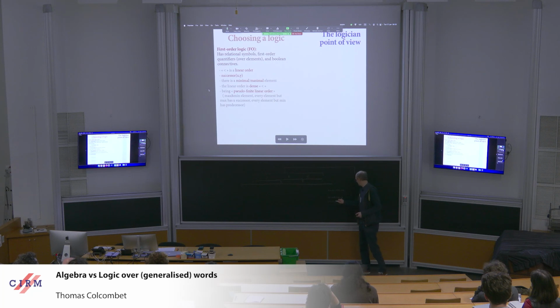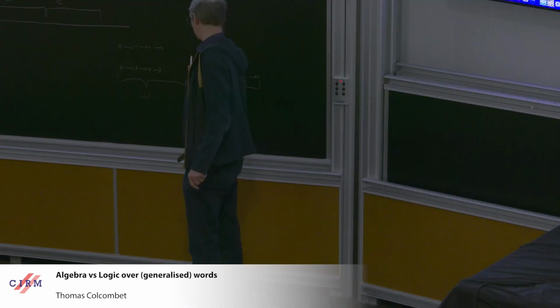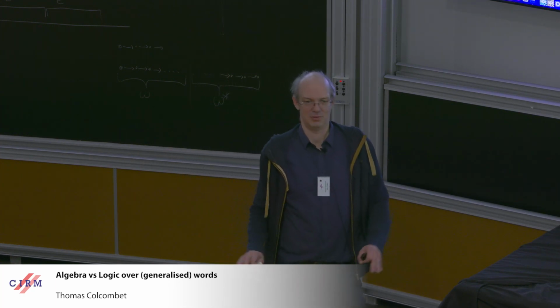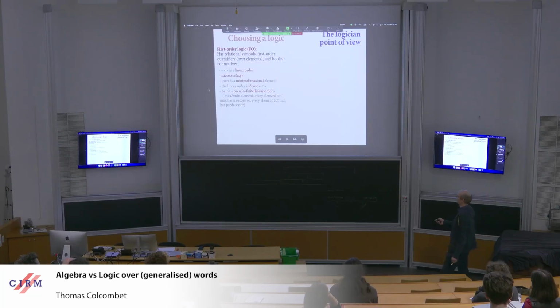You put here a copy of omega, seen as a linear order, and then a copy of the reverse of omega, which is traditionally written omega star. And the fact is that, well, it is pseudo-finite, it is not finite. And if you know a bit of the theory and what's going to happen after, in fact, first order logic is unable to detect this kind of behavior. So it is indistinguishable from finite linear orders.